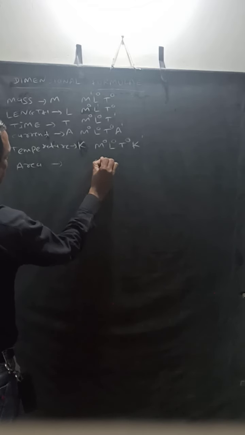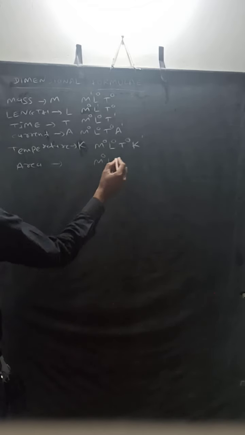Then after areas, in any area the unit is meter square: length times width, length square, radius square, whatever. Dimensional formula is what?